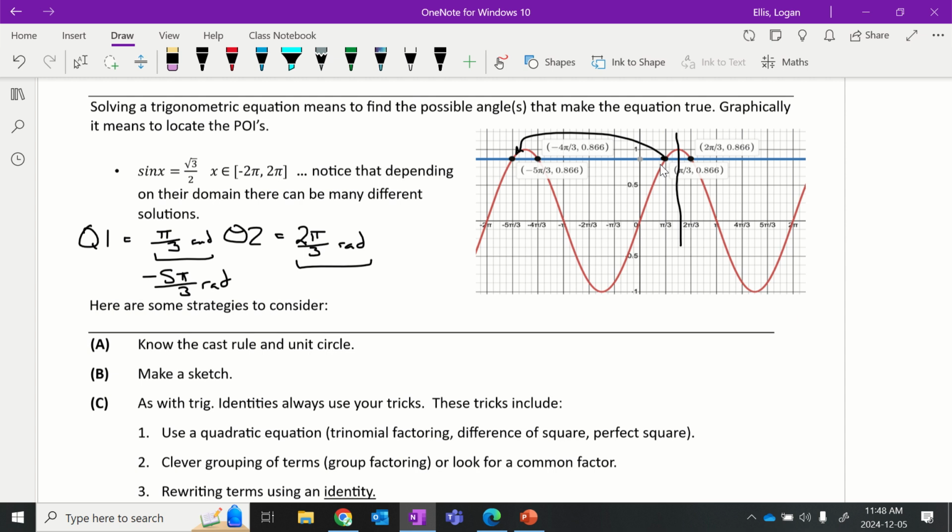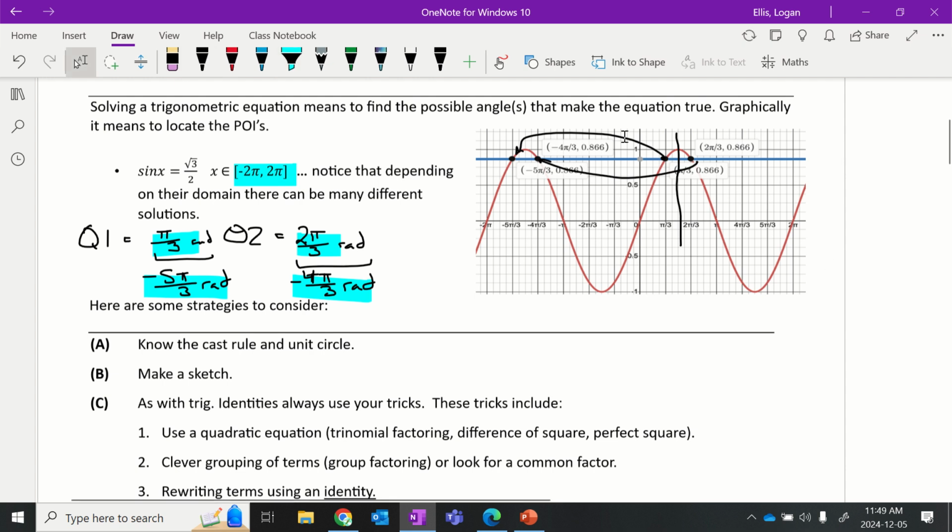If we subtract the period, 2 pi again, we get negative 4 pi over 3 rad. So there are actually 4 solutions for a question like this, depending on the domain we're looking at.